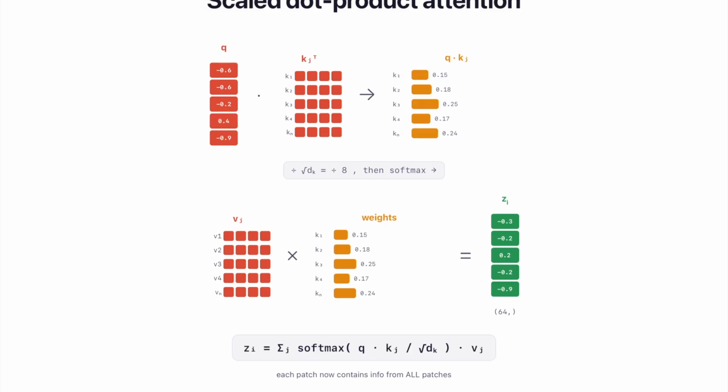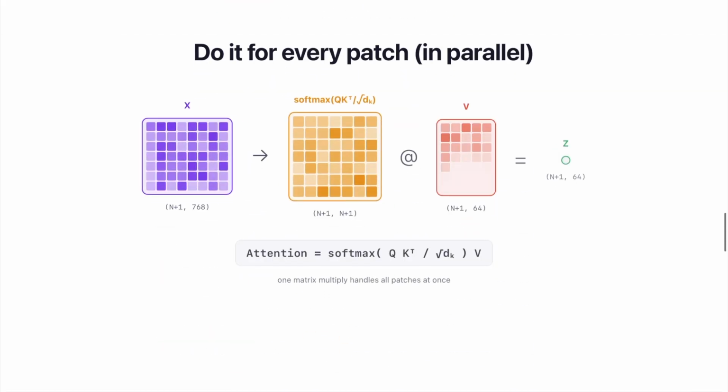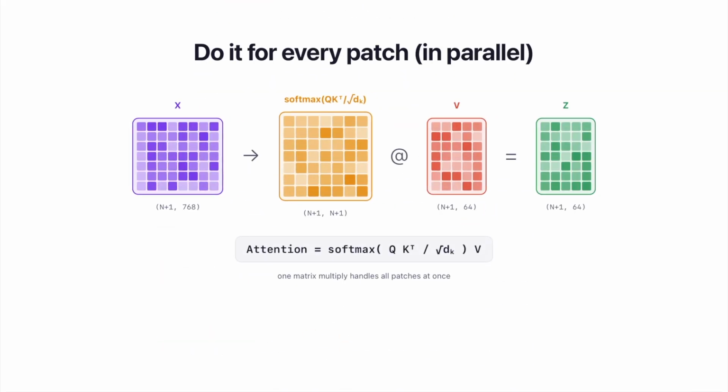And what do we do after attention? We do that for all the patches in parallel, like I said in the matrix format. The example above was for a single row, but now we are doing it for all at once.